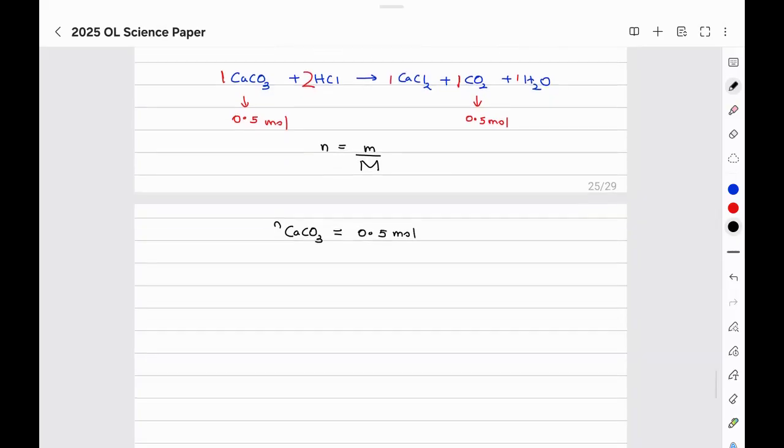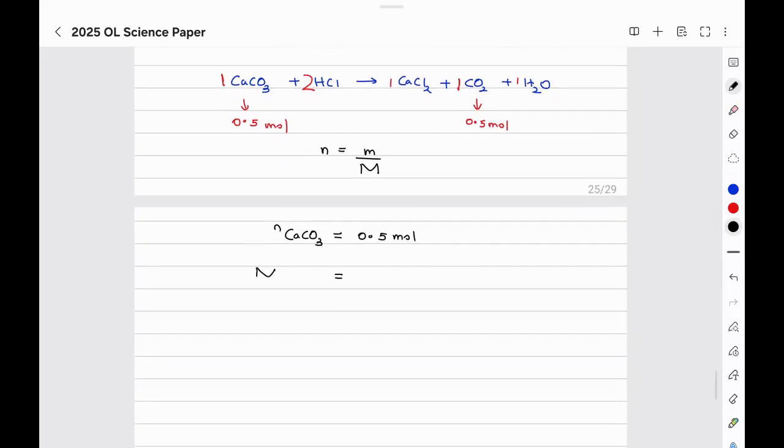How do you find the molar mass of calcium carbonate? Calcium is 40, carbon is 12, oxygen 16 into 3 grams per mole. Do the summation. 40 plus 12, 16 into 3 is 48. So the summation is 100. Calcium carbonate is 100 grams per mole.